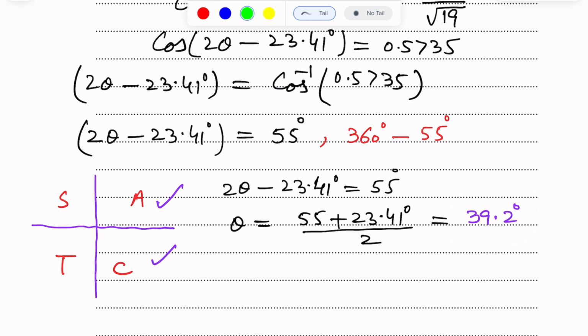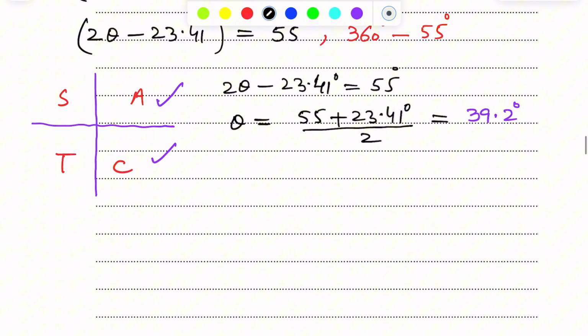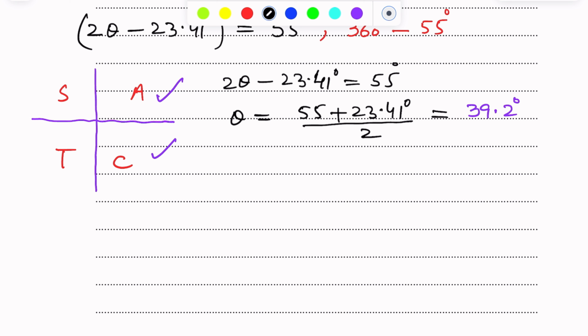The other answer will be from here. 2 theta minus 23.41 is also equal to 360 minus 55. So 360 degrees minus 55 we get 305. So from here we get another answer: 2 theta minus 23.41 degrees is equal to 305 degrees.